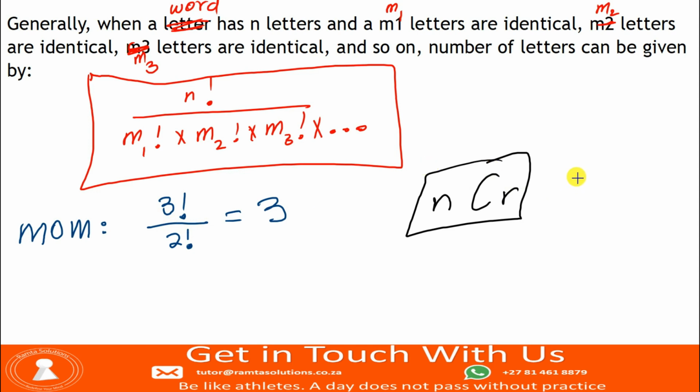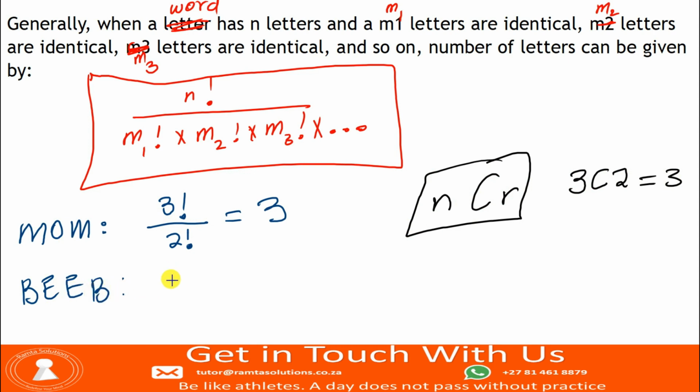For example, for mom, the word has 3 letters, C, so this is combination, 3 letters, but one of the letters is repeating twice. Trust me, it will give you 3. But note, guys, do not use this. Right. Now, going to beeb.